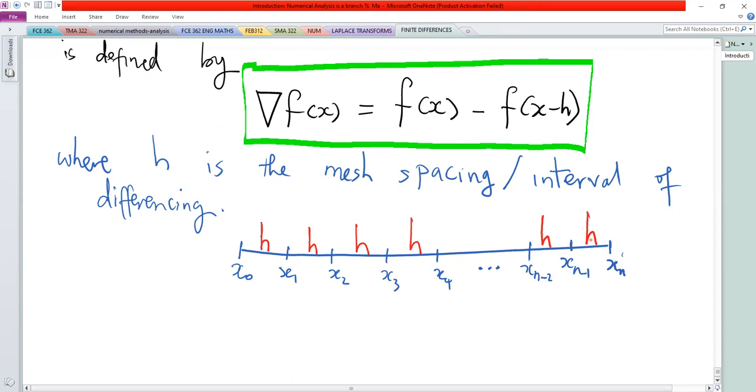Now this is the main definition of the backward difference of a function f of x. We can also use the notation where we let x be xk, and x minus h be xk minus h, and we let the mesh spacing be 1.